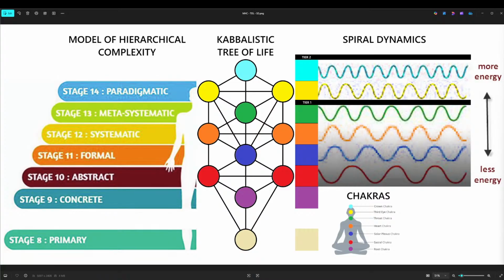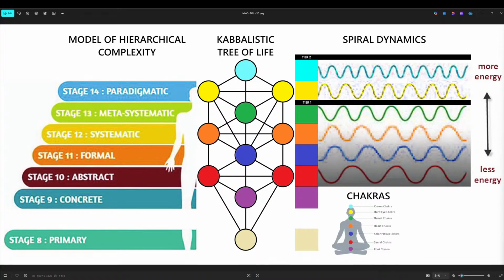I think it's helpful because, just like you have the frequencies, if you look on the right at the spiral dynamics part with the different levels and how they're color coded, the idea is that as you progress through each level, or evolve up the spiral, however you want to put it, or the tree of life, you have to invest more energy into thinking about these things, studying and researching and all that.